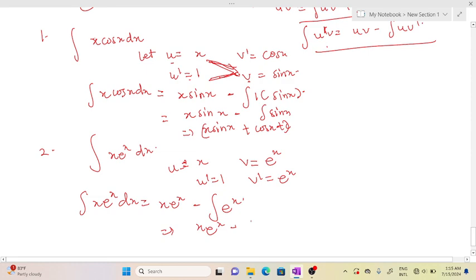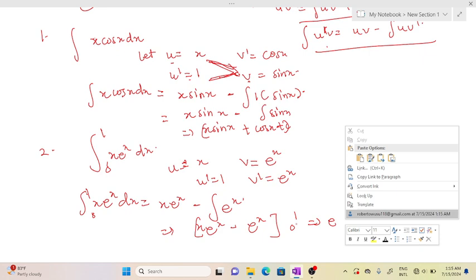Then this was a definite integral from 0 to 1. So I'll put my 0 and my 1 as my limits. When I put 1 inside, I'll simply get e to the power 1, which is e, minus e to the power 1. So e minus e, that will be 0.